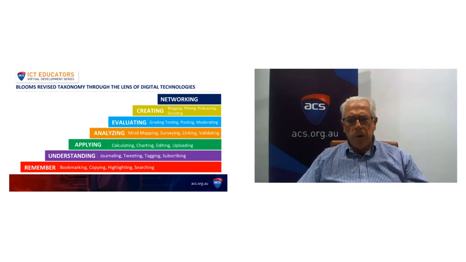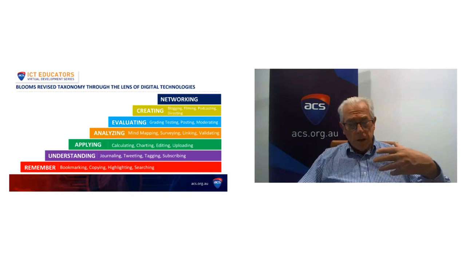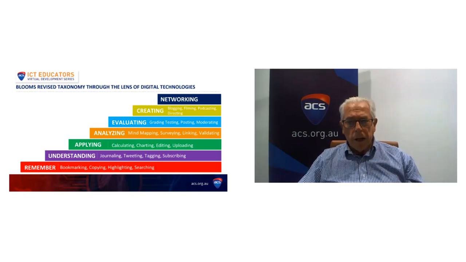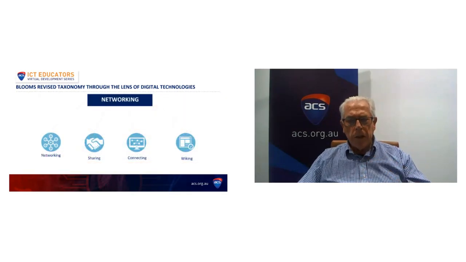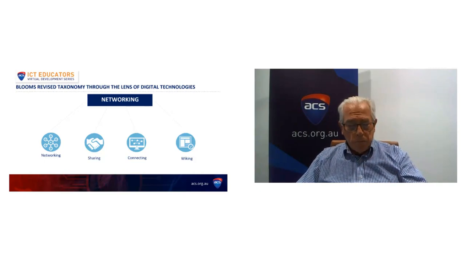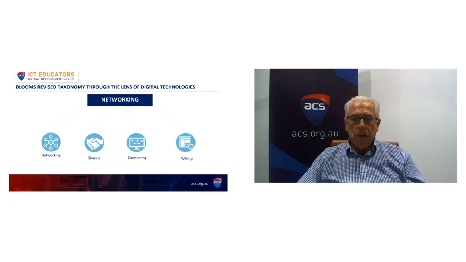Once we get to the point where they're engaged in the creative activities, the next thing they need to do is share it, network it and connect. So what does that look like?